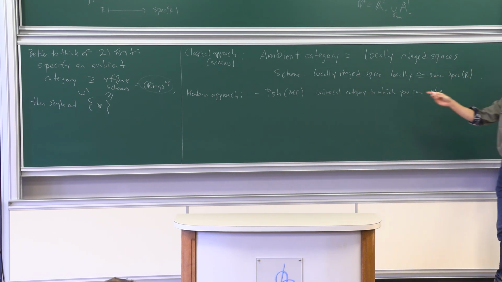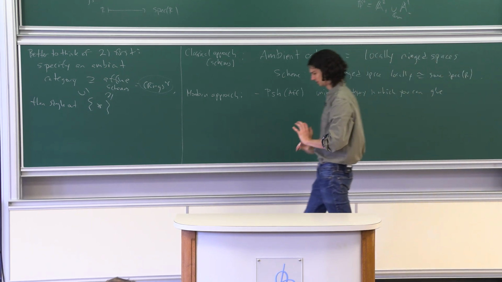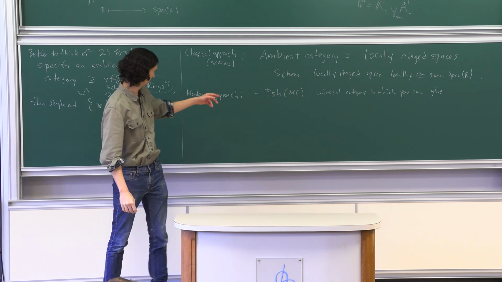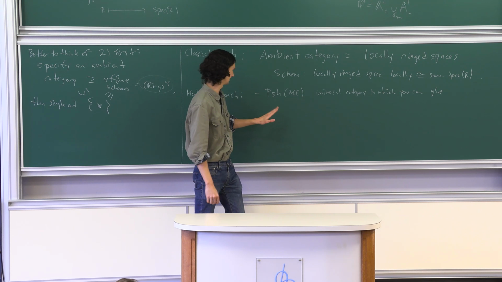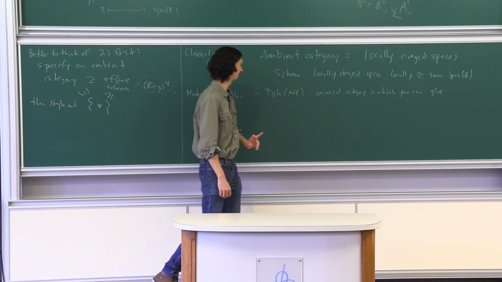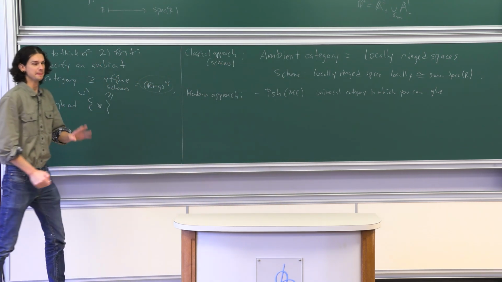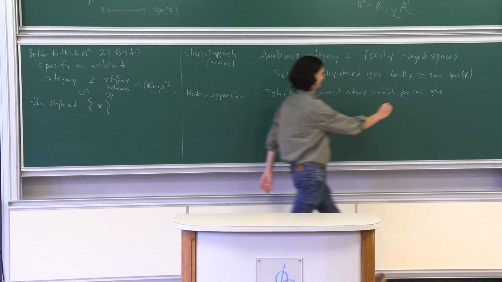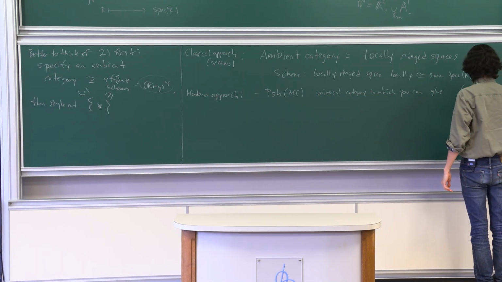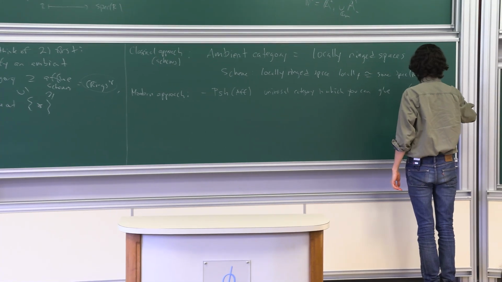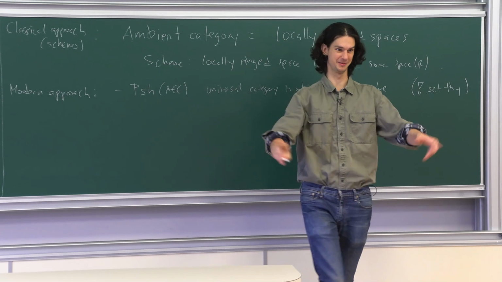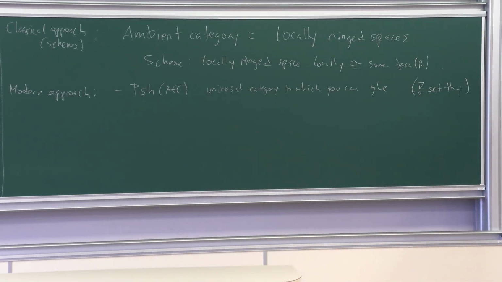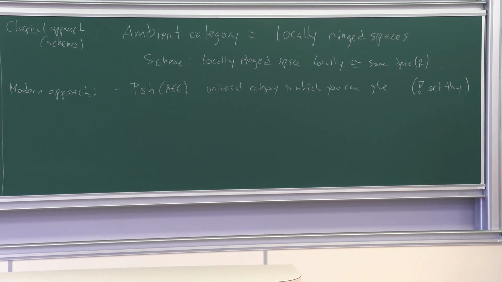More formally, it's a category with all colimits with a functor from Aff, and giving a colimit preserving functor out of this is the same as giving a usual functor from Aff to that category. There's a set theoretic technicality here, so caution, set theory; I'll discuss that a little more later. This is not a small category, so you have to be careful taking functor categories out of it, and so on.